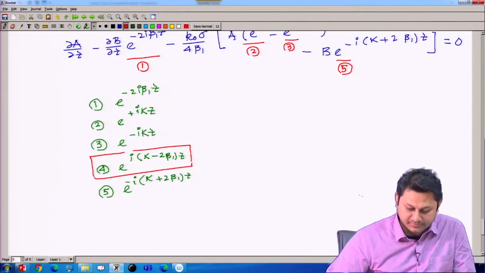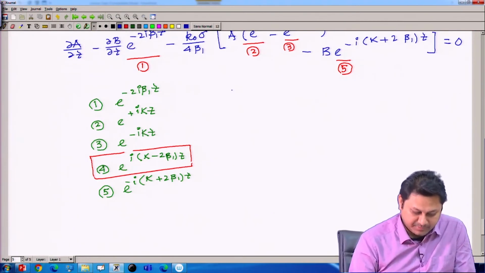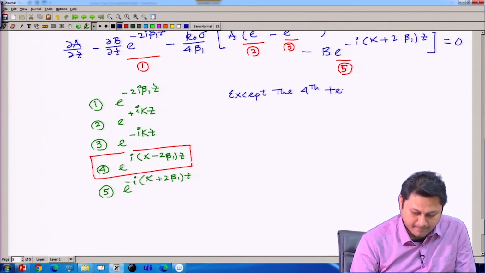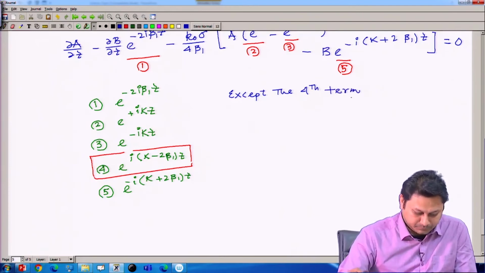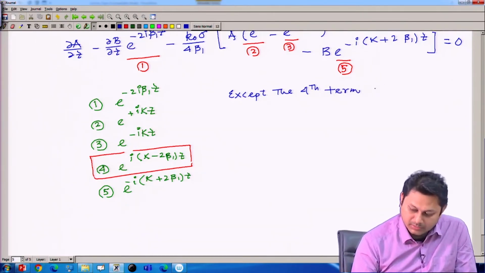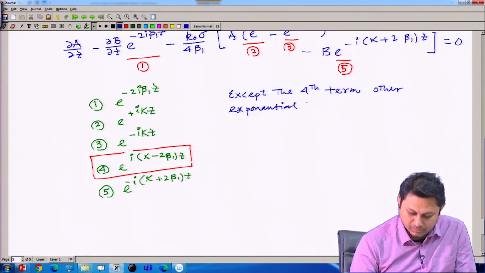so I can write it here, except the fourth term, other exponential terms will vary rapidly.